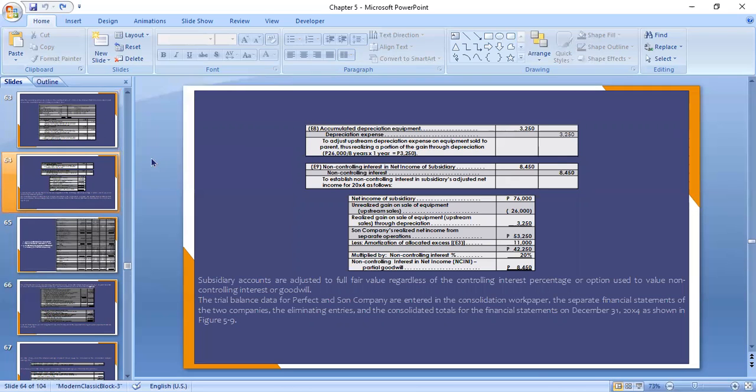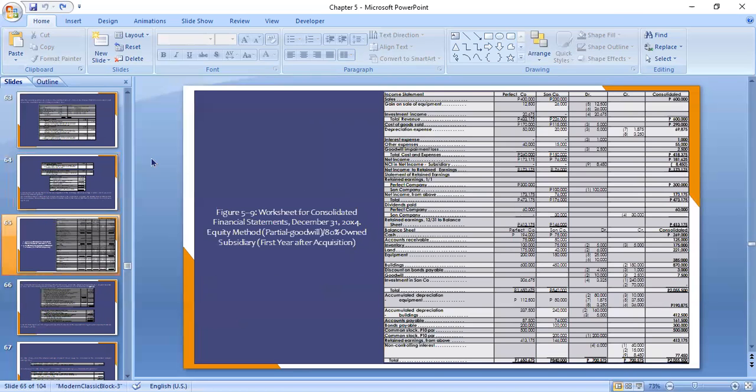Then we have now the realized net income from separate operations. Then we have the amortization of allocated excess. 20% is the share of the non-controlling interest. And we have the elimination entries, work paper.